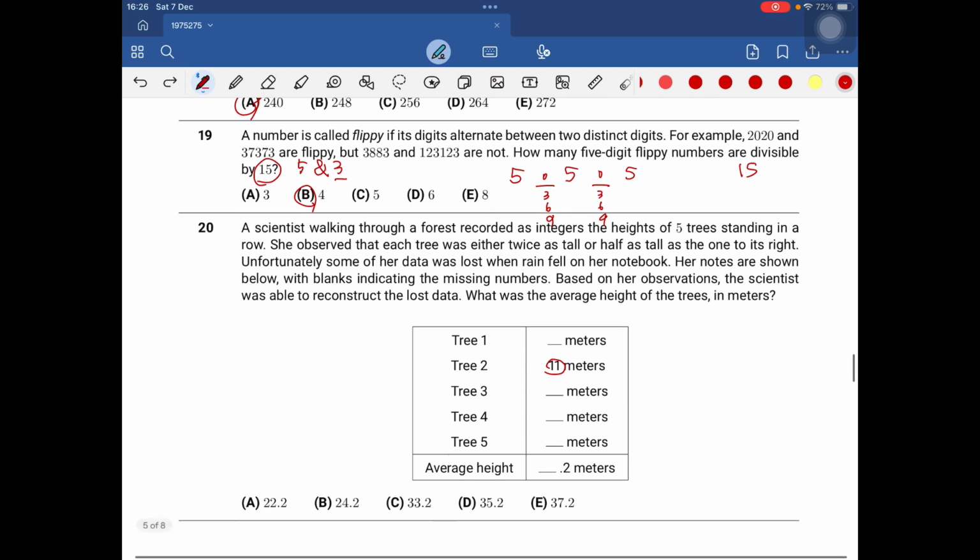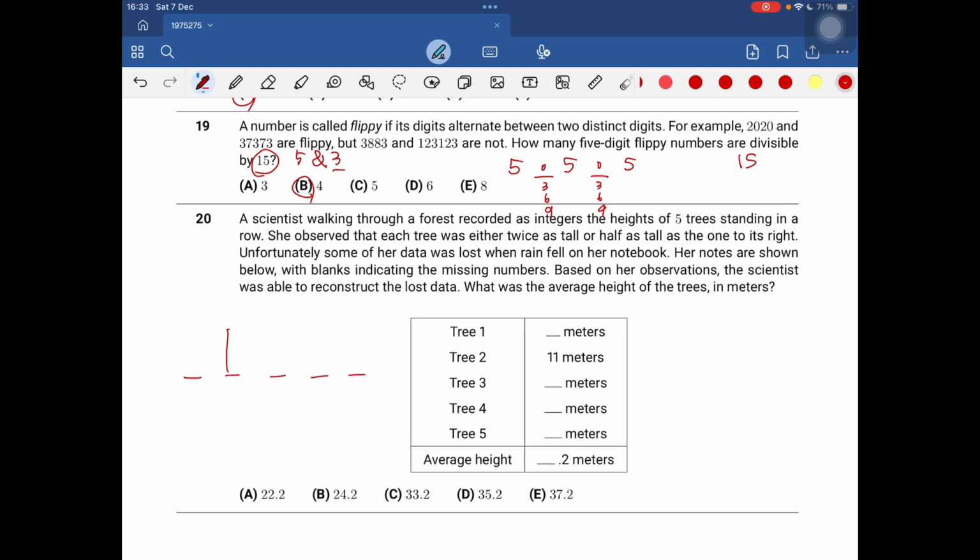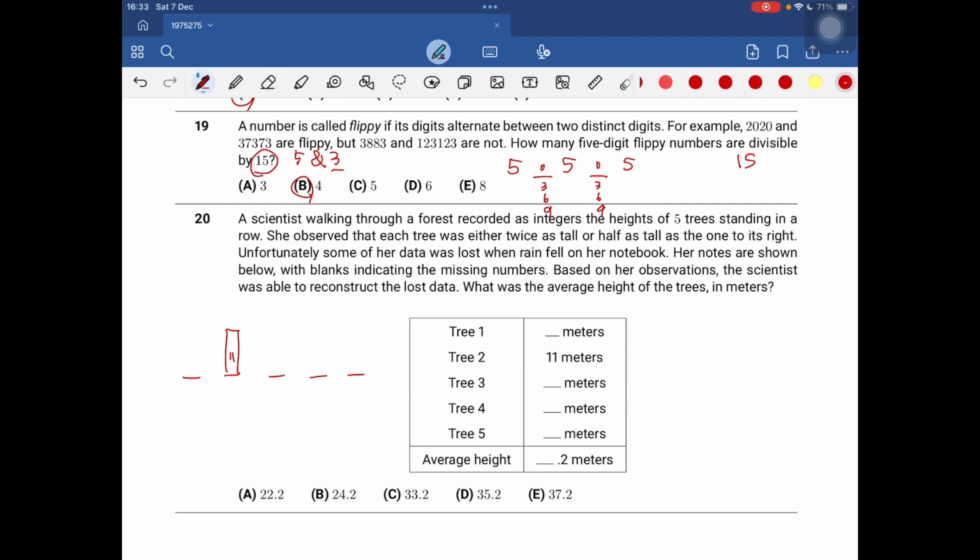So 1, 2, 3, 4, 5, and we have 11 here. So here 5.5 or 22, let's say. But because this is the smallest average height among the options, and when we make 111, if I make it 5.5 here, I need another 5.5 because I need to make the last digit without any decimal.